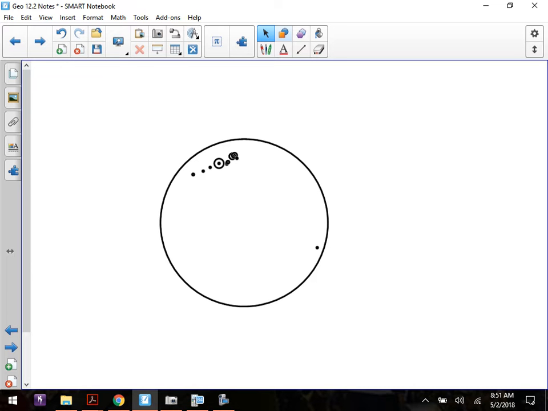And the reason that happens is because this is always the same. When I draw from the center, actually, we'll just do this.